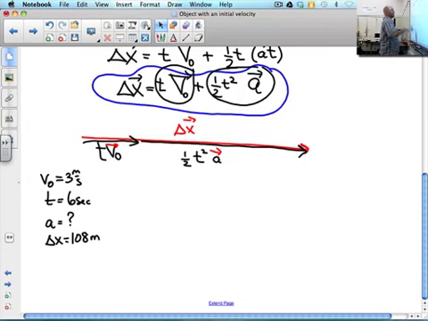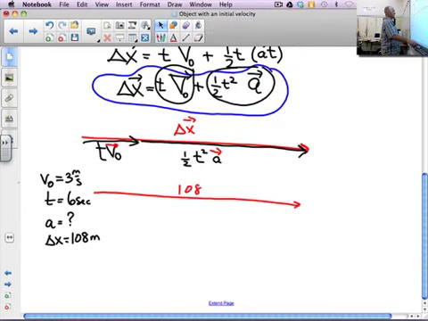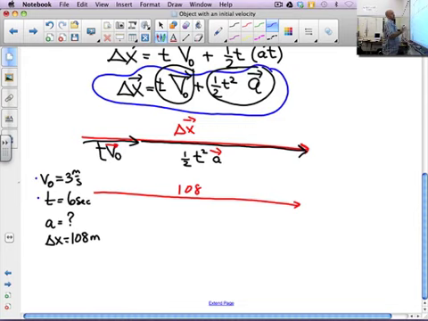I'll redraw the vectors. So I got my delta X vector that I know is 108. I'm going to leave out the units because I have them over here. My T times V naught vector, so if I multiply T times V naught, I get, what, 6 times 3? I get 18. So that's a little itty bitty vector compared to 108.